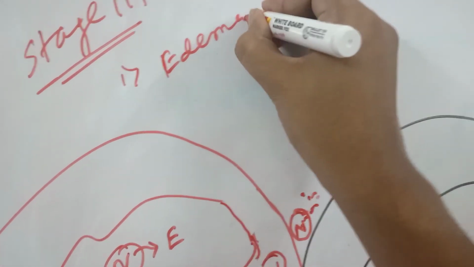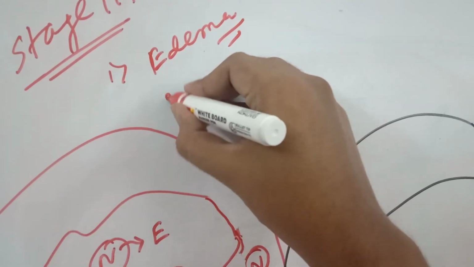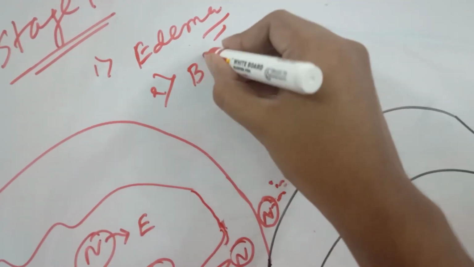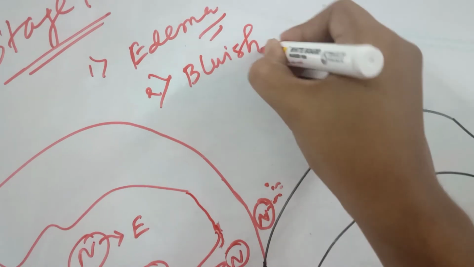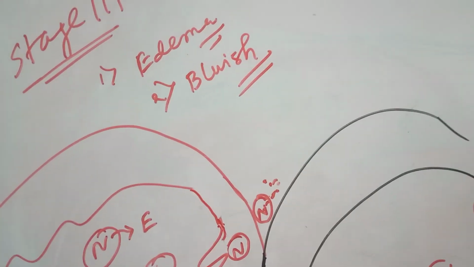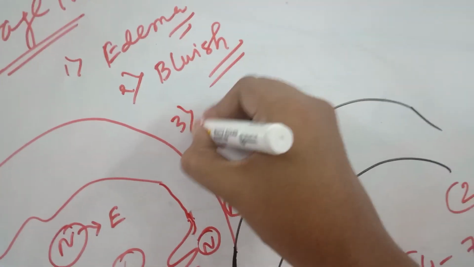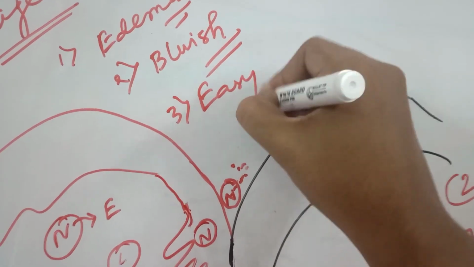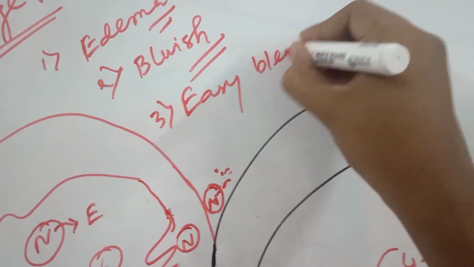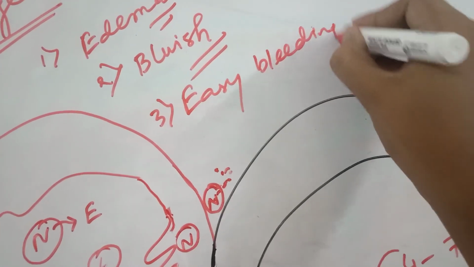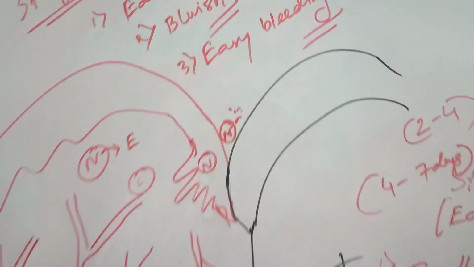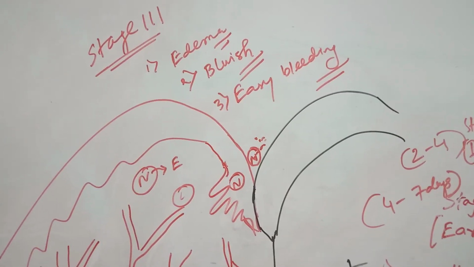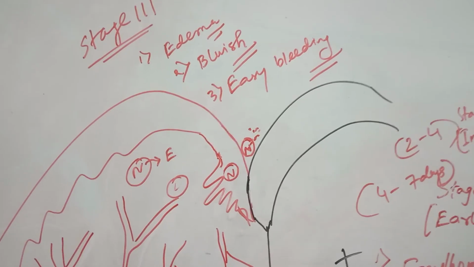You can see edematous gingiva. Second, you can see bluish gingiva. That is due to stagnation of blood, and easy bleeding. So these are the features of stage 3 or the established lesion of gingivitis.